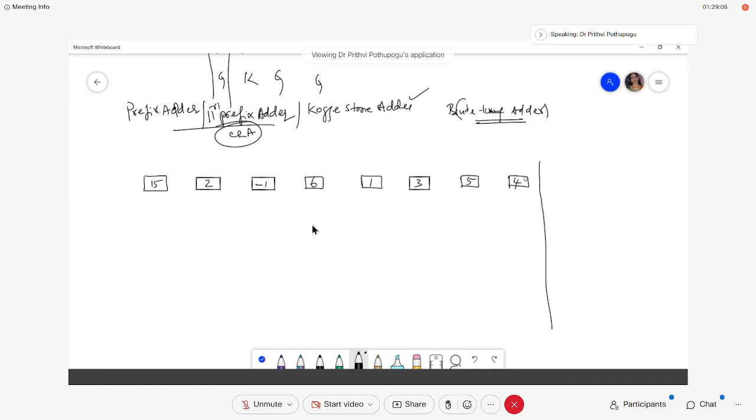So for this, one extra register will always be taken in order to facilitate communicating with the neighbor, or to talk with the neighbor. What is the concept of talking with the neighbor? Ultimately the last register should be storing the results of addition of all the values in each of these registers.